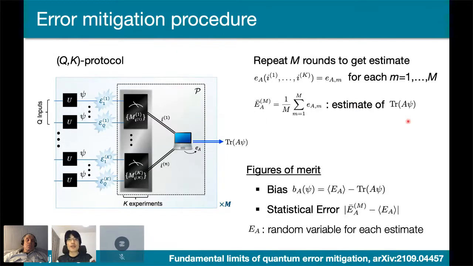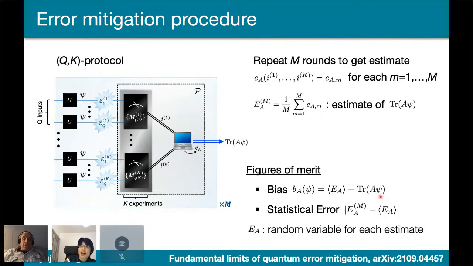But now we can look at the two figures of merit here to sort of quantify the performance of error mitigation protocols. The first one is the bias function. So I already mentioned that before. So this is the difference between the expected value of the random variable for each estimate and the true expectation value that we are interested in ultimately.